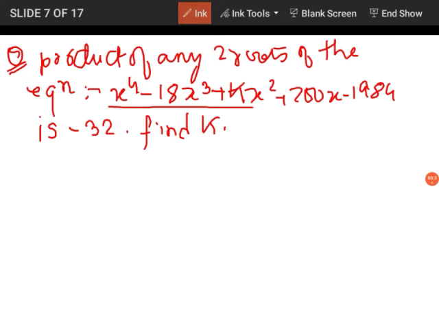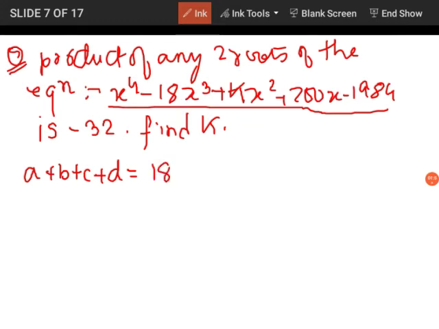So from this equation we can easily derive all the relations known to us, first of all being the sum of the roots taken one at a time. So if I take the roots to be A, B, C, D, then A plus B plus C plus D is equal to 18, that is minus B upon A.